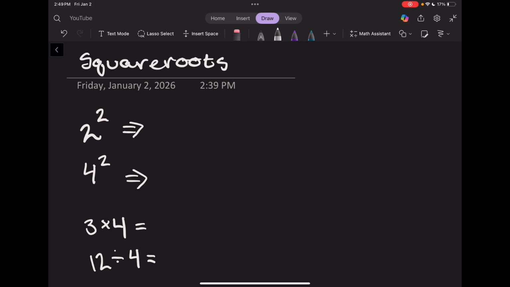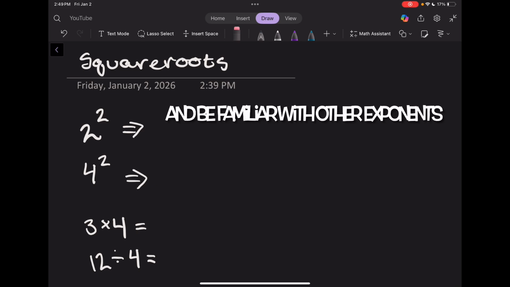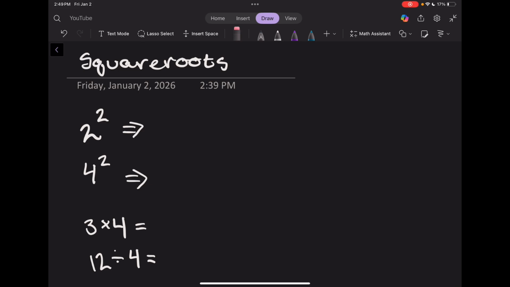So I am assuming that you are familiar with 2 to the second power and 4 to the second power, or any number to the second power. We would also say 2 squared, just like if there was a 3 here, we would say 2 cubed.